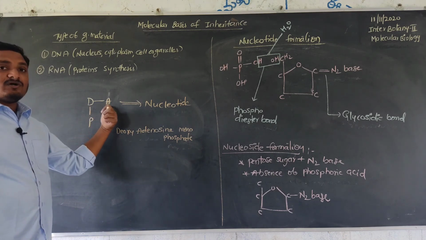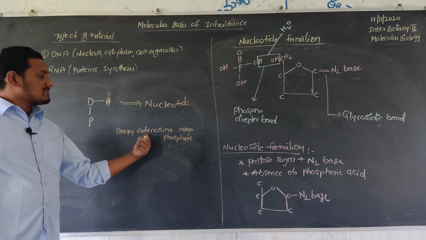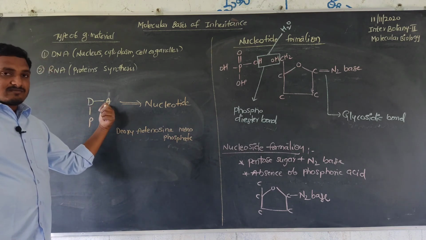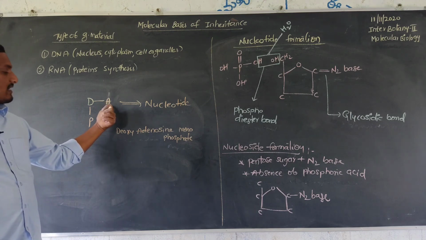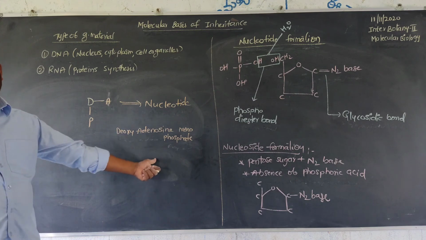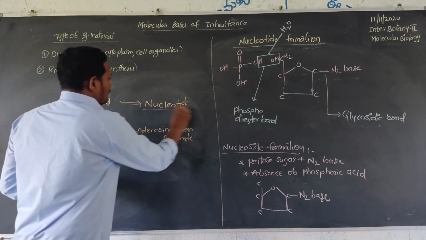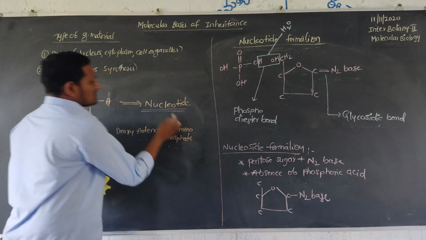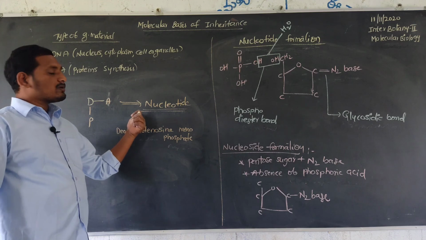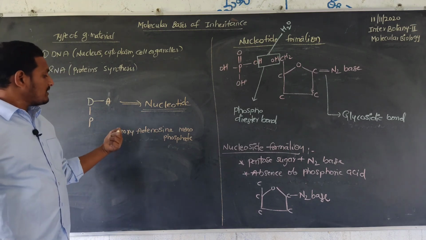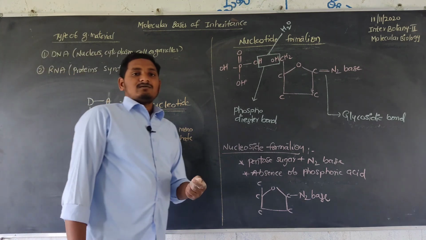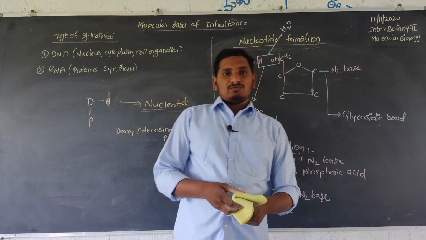Deoxyguanosine monophosphate, thymidine monophosphate, deoxycytidine monophosphate. In a nucleoside, phosphate is absent; in a nucleotide, phosphate is present. That's why deoxy monophosphate, either adenosine, guanosine, cytidine or thymidine.